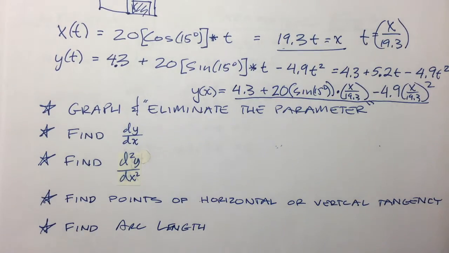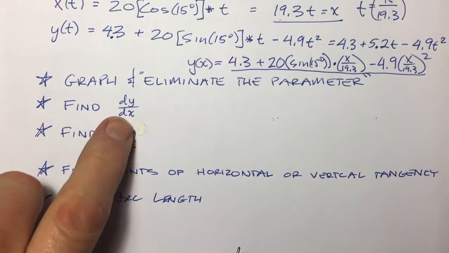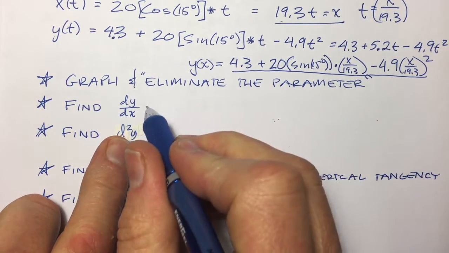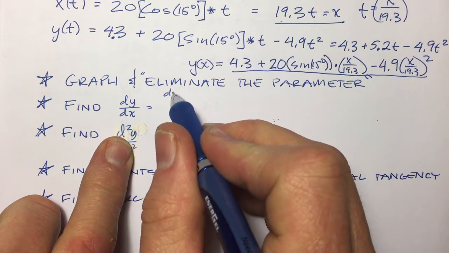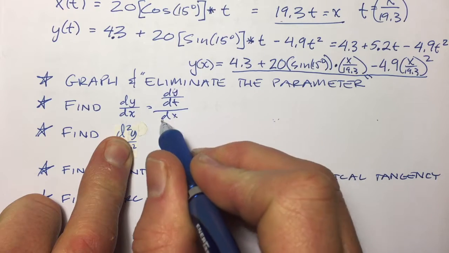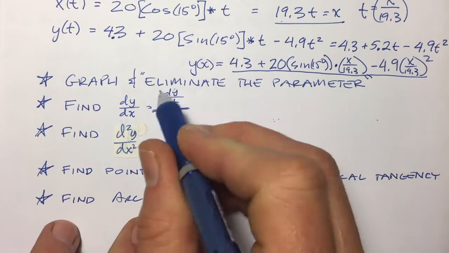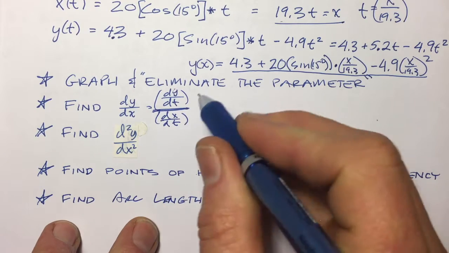So you should be able to find the derivative of this function. Well, when we find the derivative, normally it's dy/dx, but in this case, it's going to be dy/dt over dx/dt. Okay, so remember this, commit this to good memory. That's two fractions, each the derivative.